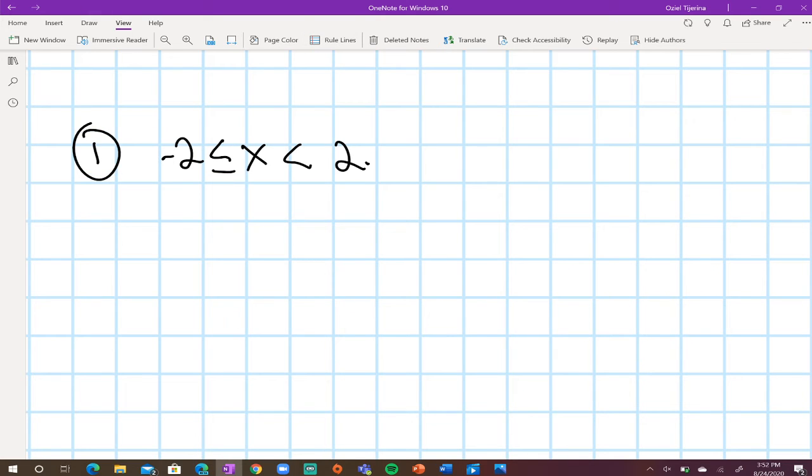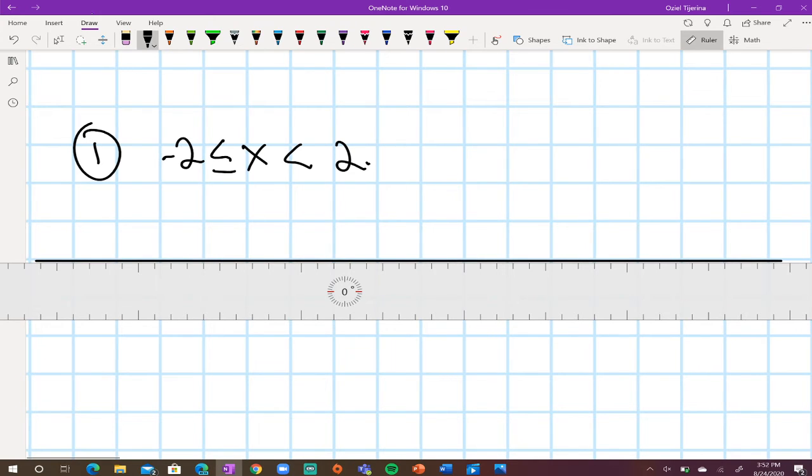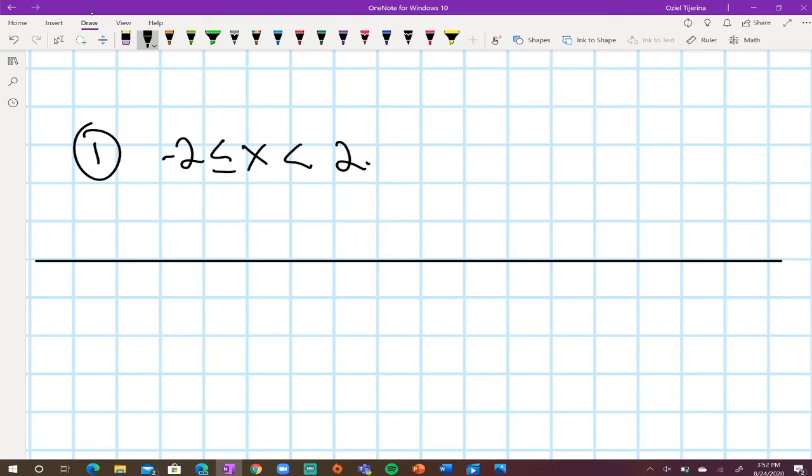I'm going to go ahead and draw a number line. So here, we're going to have this. Let's just say that 0 is right here. This is -2, -1, 0, 1, 2.